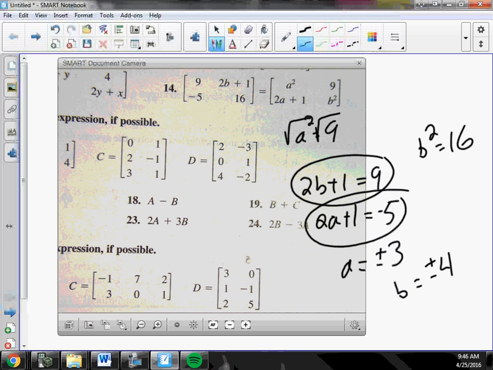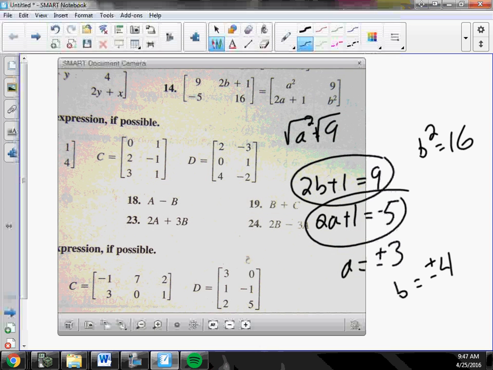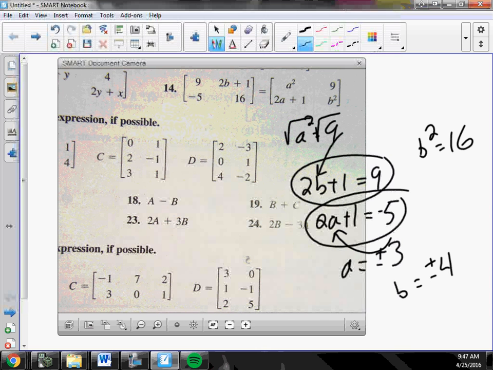What about these? Well, does 3 or negative 3 work? So if I plug positive 4 in there, it works. And if I plug in negative 3, so what are the answers?